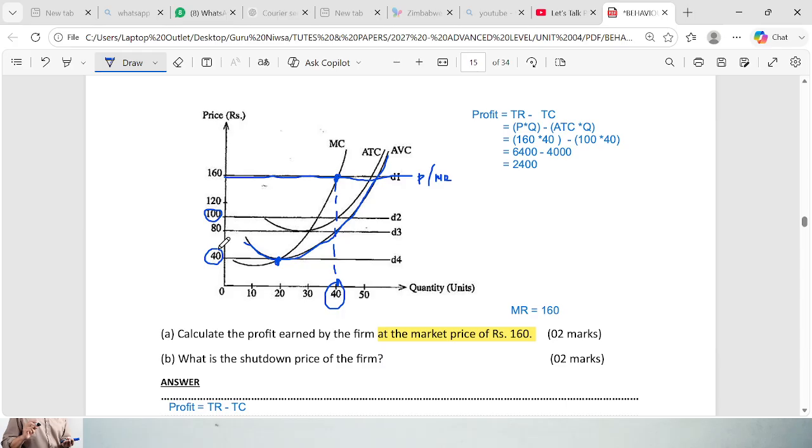Until that point, if the market price is above 40 rupees, or minimum average variable cost, even though there is an economic loss, the firm can continue its operation with the strategy of loss minimization. Then the answer for the second one is 40 rupees.